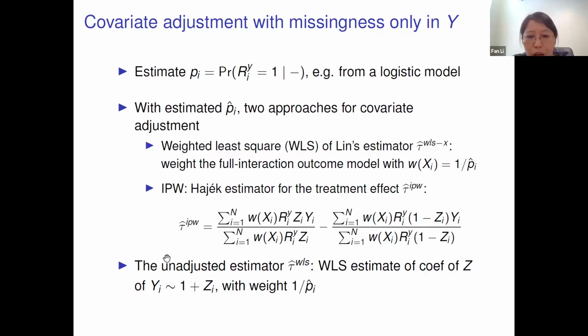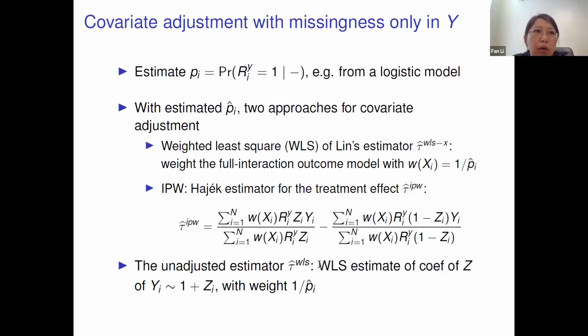So those two are the covariate adjustment, but as I said, here I didn't write it very clearly, but the point is that you can do weighted least squares or you can do IPW. So another approach is you can also do an unadjusted estimator. Like you don't need to do covariate adjustment, you can just leave it unadjusted. If you do unadjusted, remember that's difference in means.